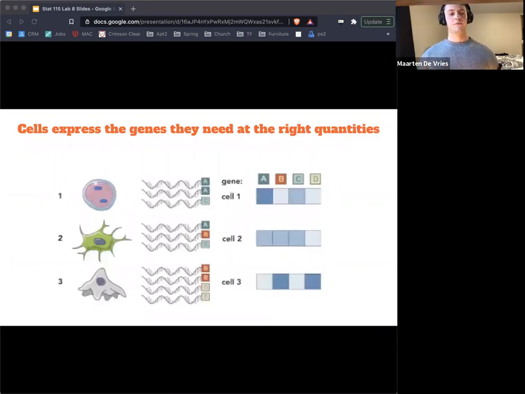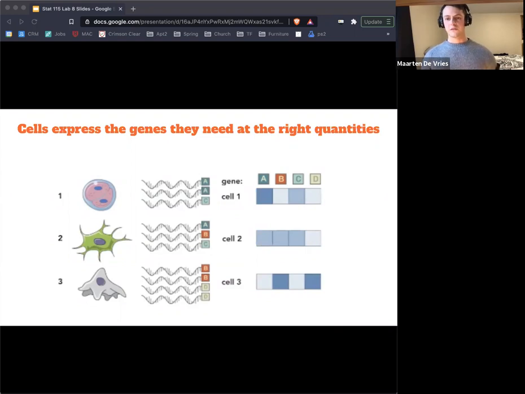So here I want to briefly backtrack and think about what we're doing, because it's maybe an intuitive idea to some of you, but for me, it was quite important to think about. So the caption is cells express the genes they need at the right quantities. So from the transcriptome, you get an idea of which proteins the cell is making. That gives you an idea of what the cell does and even what the cell is.